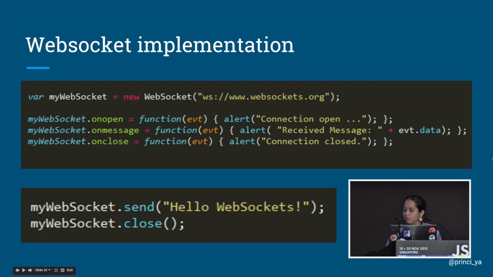Here is some code for a WebSocket implementation. To connect to an endpoint, just create a new WebSocket instance, the first line there, providing the new object with the URL that represents the endpoint to which you wish to connect, as shown here.